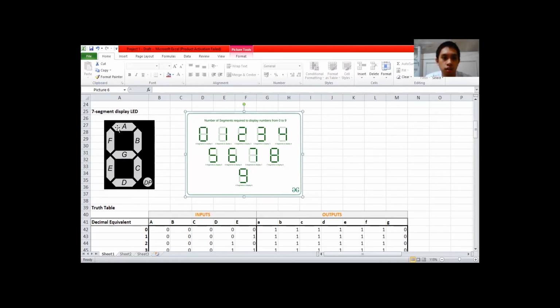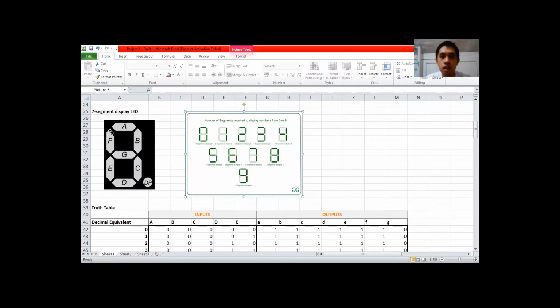It represents a number 8, wherein it consists of 7 distinct segments, which are denoted by letters A up until letter G. That's why there are 7 in all.